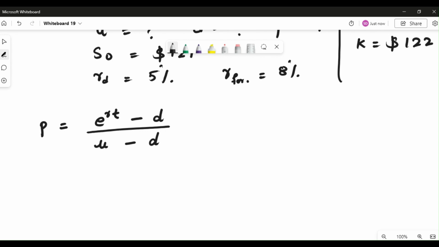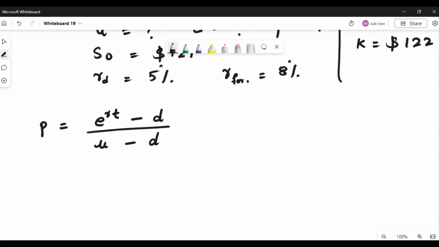This is the formula for calculating the probability. Unfortunately, in this question, probability is not given, U is not given, D is not given.